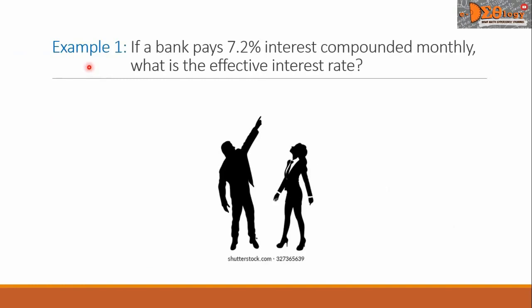Let us see this example 1. If a bank pays 7.2% interest compounded monthly, what is the effective interest rate?